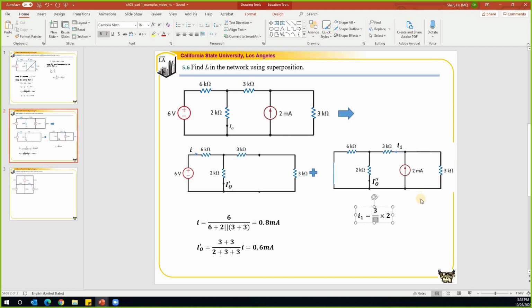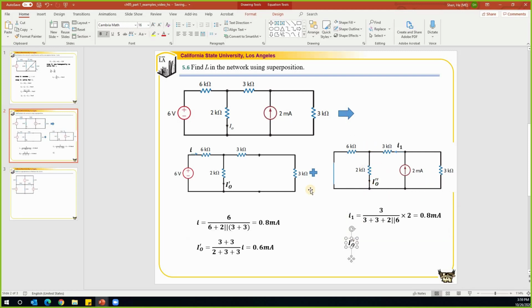The resistance in this branch is 3, and the resistance in the other branch is a 3 in series with 2 and 6 in parallel. When I say branch, I mean the whole thing on the left-hand side. So this is how we find the current I1: 6 over 7.5, 0.8.